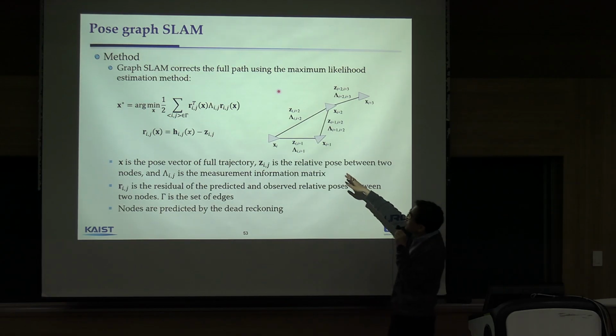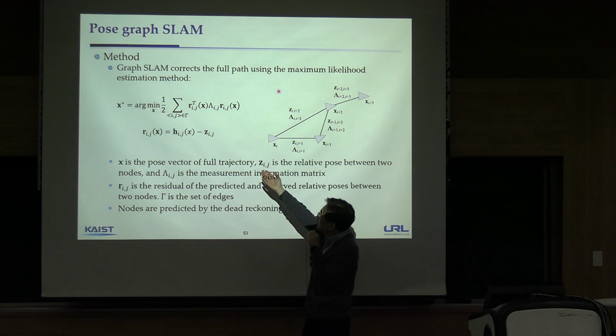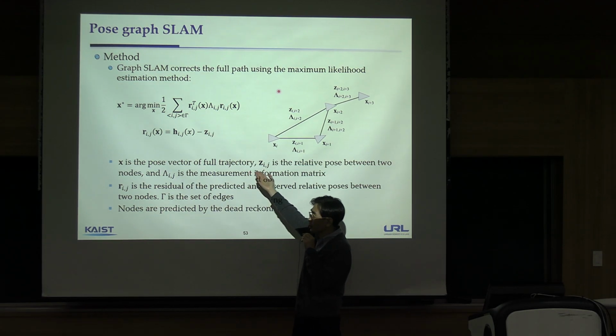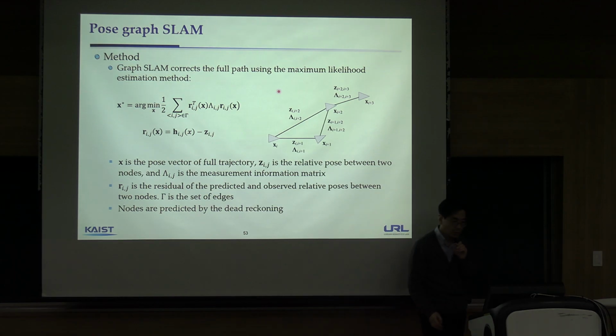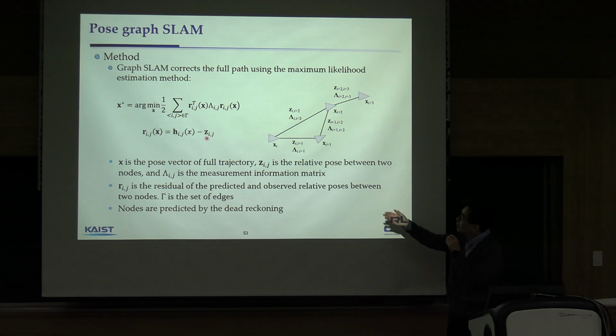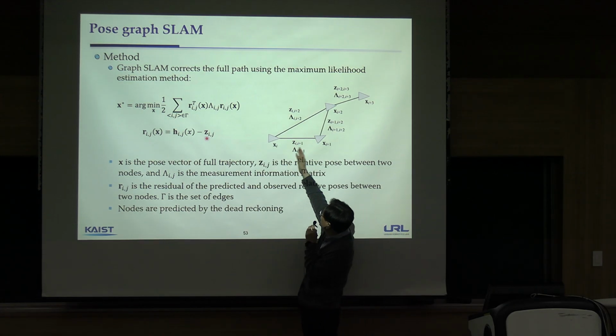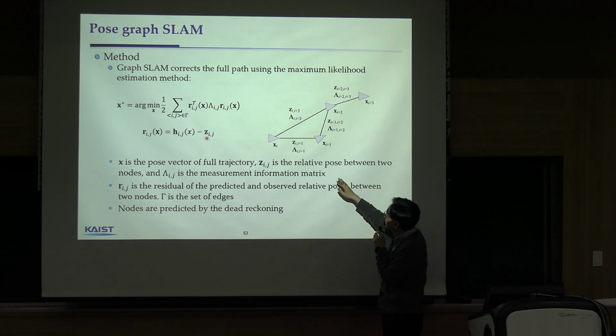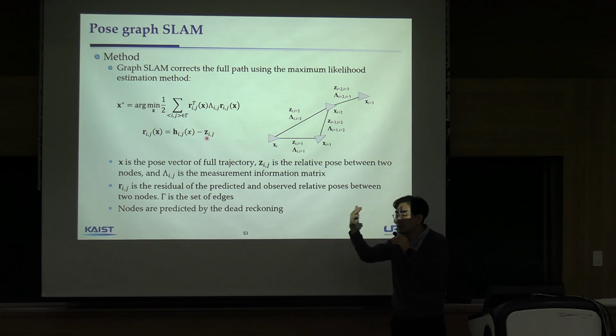So you formulate this pose graph, and the remaining thing is to optimize this pose graph. How do you optimize this one? So we have x, the pose vector of the full trajectory, so we want to solve this x. G is the relative pose between two nodes, Gij. This is the relative pose. Relative pose means relative distance and relative orientation.